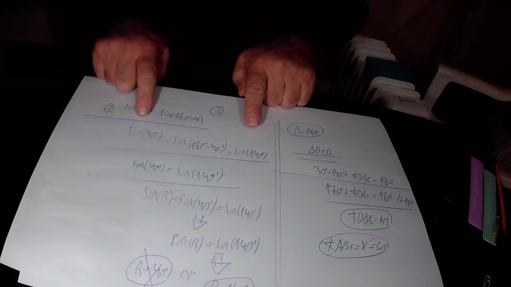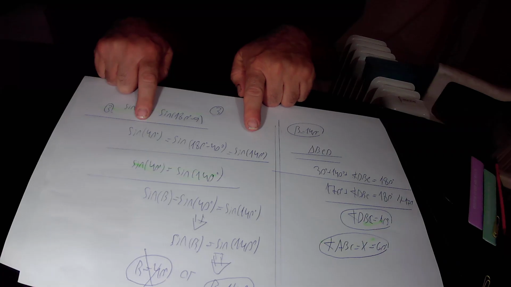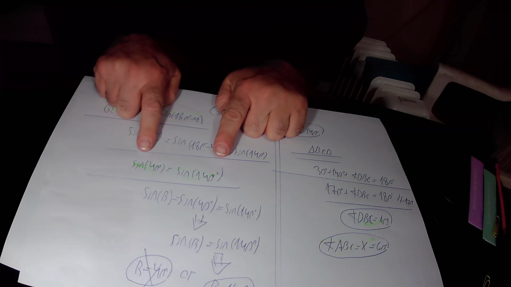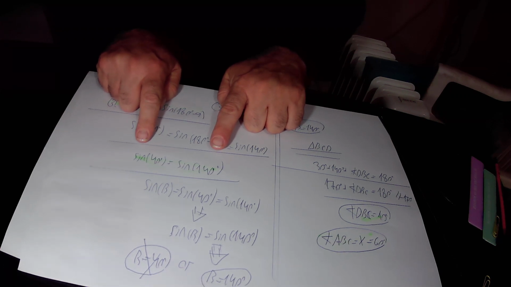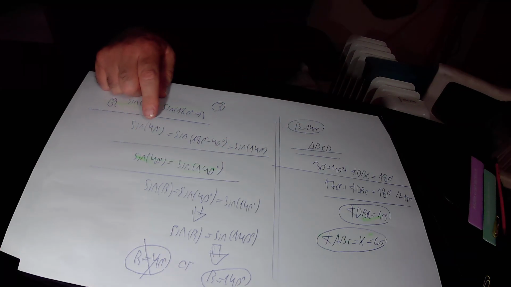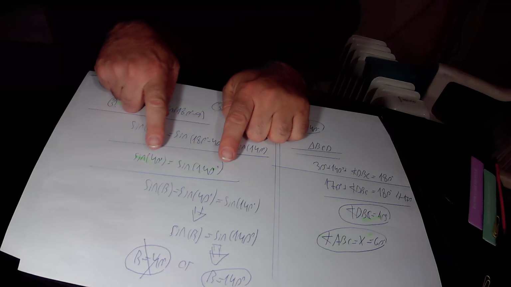Those two sides of the equation are equal to each other. That is to say, sinus 40 degrees equals sinus 140 degrees. But we already found out that sinus beta equals sinus 40 degrees.